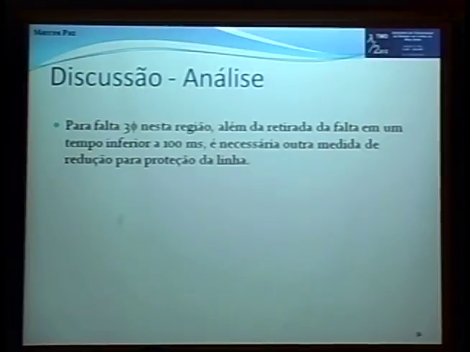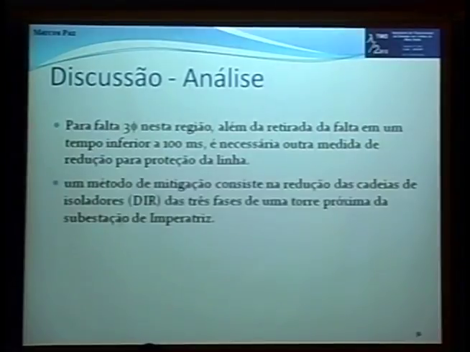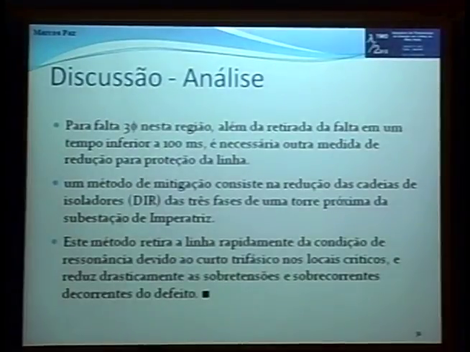So for three-phase faults in this region, besides the removal of the fault in a time lower than 100 milliseconds, another protective measure for the line would be necessary. One option would be the reduction of isolator chains, which will be covered during this seminar tomorrow.